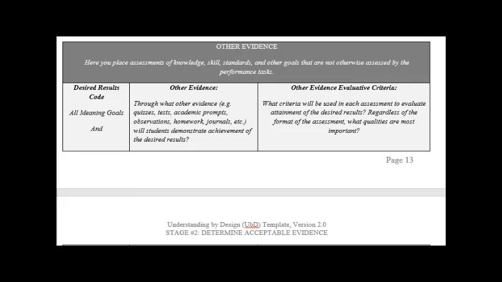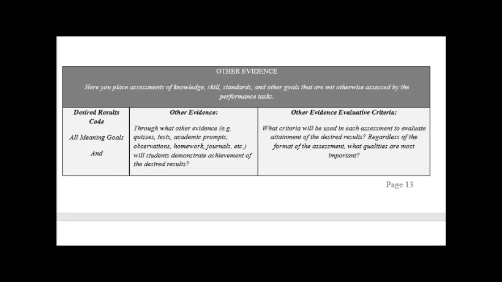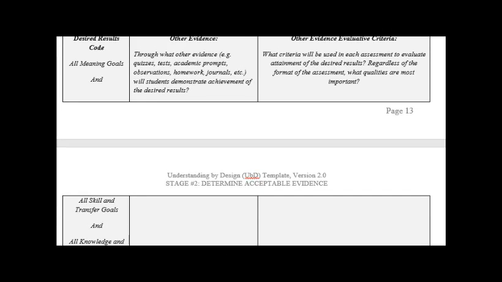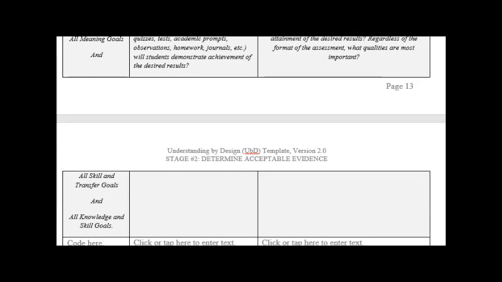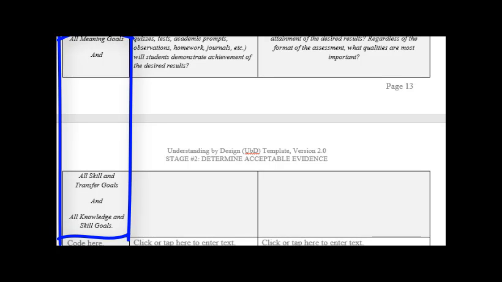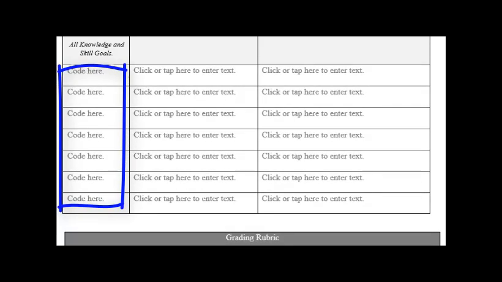We can also use other evidence criteria. Again, we will think about what qualities are most important. Identifying the desired results in the codes from meaning, transfer, knowledge, and skills will also be listed throughout this section on the left-hand side of the screen.